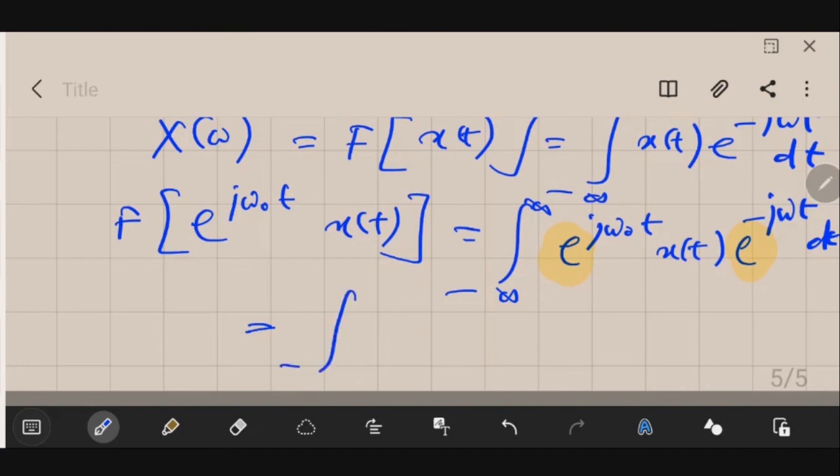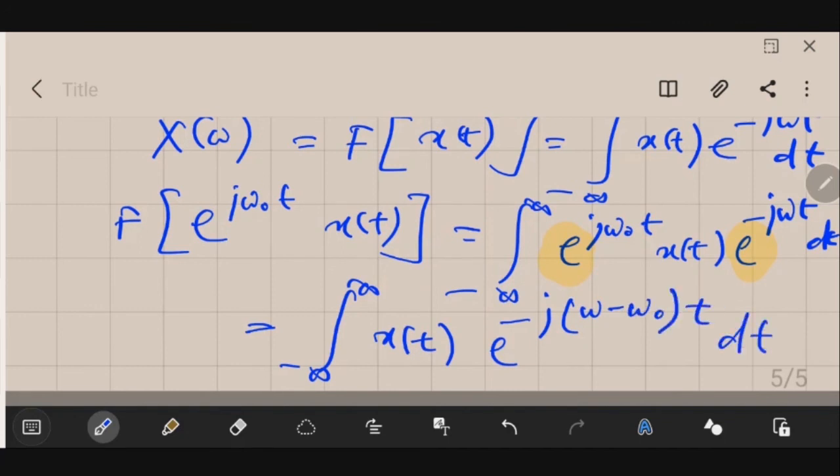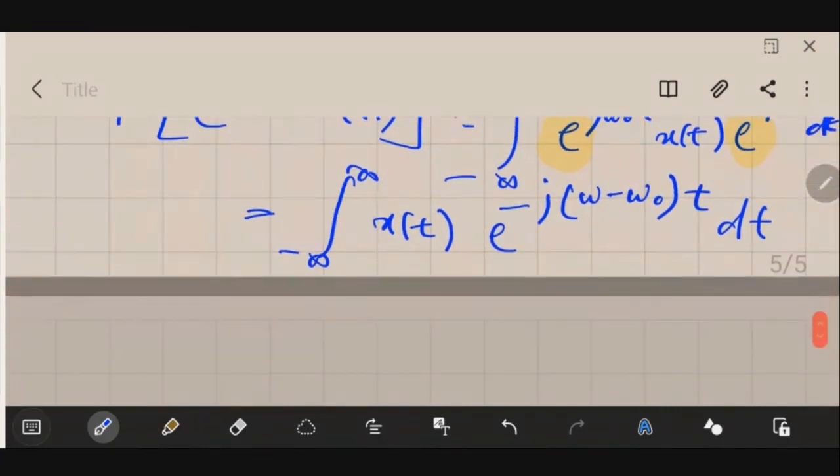So this will become the integral from minus infinity to infinity of x of t, as it is, times e to the power minus j, omega minus omega 0, t dt. In place of omega, we can see there is a term omega minus omega 0. However, the formula is the same, so we could write it as capital X of omega minus omega 0.